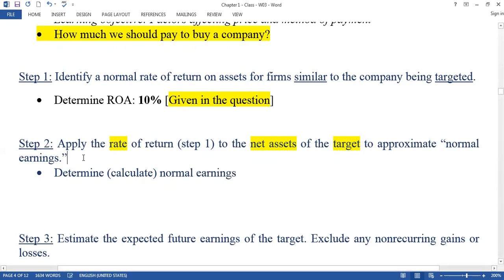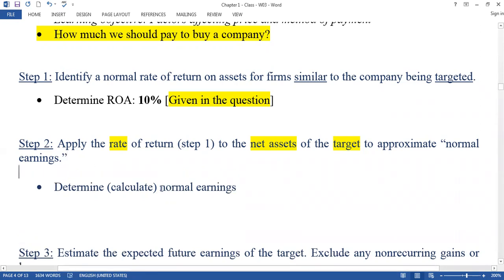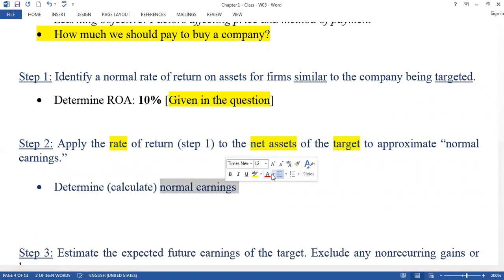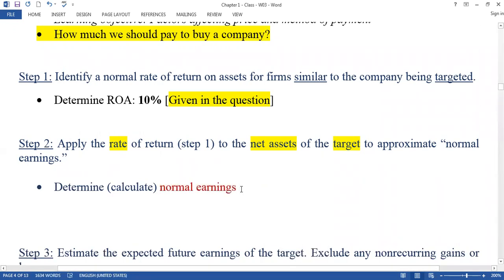This is the main thing about step 2. We have to calculate normal earnings. Now the question is how to calculate.